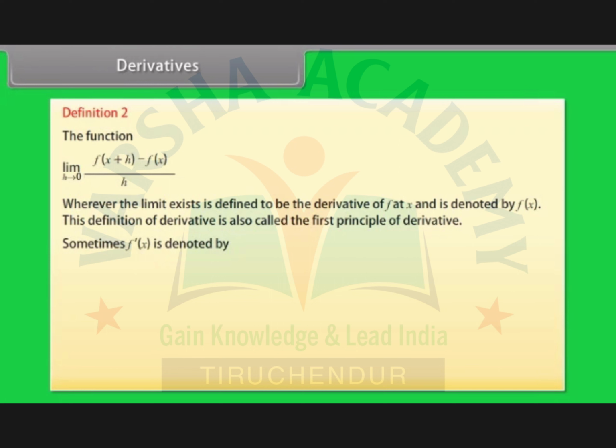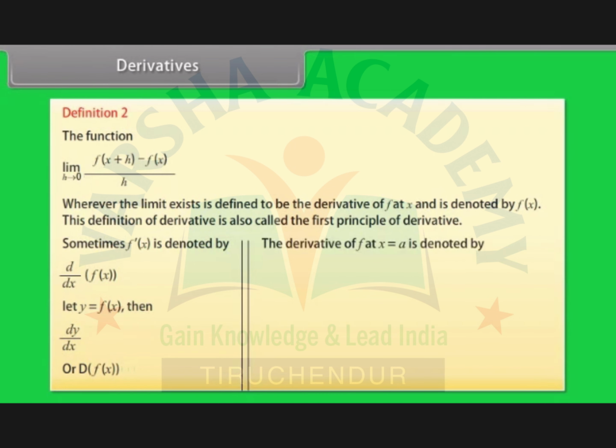Sometimes f dash of x is denoted by d by dx of f(x). Let y equal f of x, then d by dx of y, or capital D of f(x). The derivative of f at x equal to a is denoted by d by dx of f(x) at x equal to a.